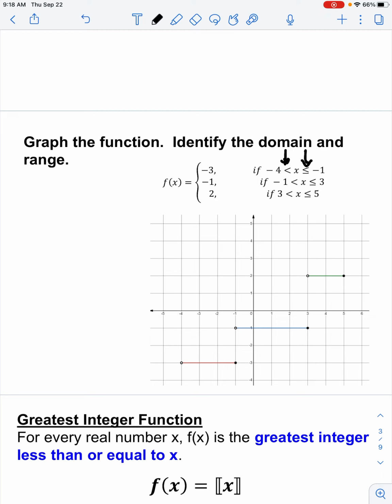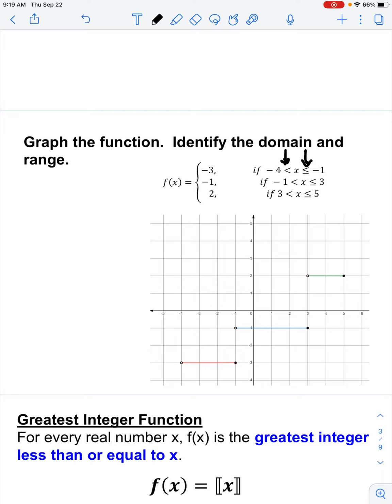It doesn't include -4, but it does include everything from -4 to -1. And when we're at -1, the next step, even though it's an open circle on the left end, because it's a solid circle on the right end of the previous step, we include where x is -1. And then on that middle step, we get all values of x between -1 and +3, including +3.